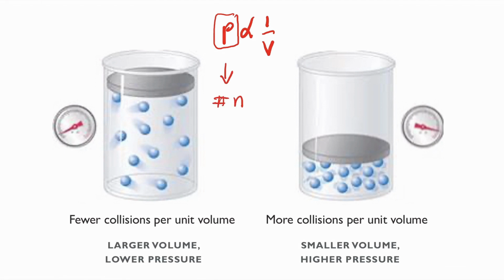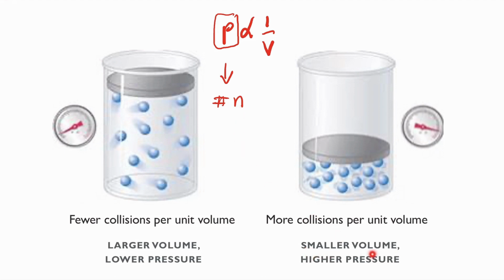Okay, so why? When you have a large volume container, right here, large volume, you will have lower pressure. Why do you have lower pressure? Because there are fewer collisions per unit volume. So in order to increase the pressure, you will add more molecules so that the pressure will increase. Okay?